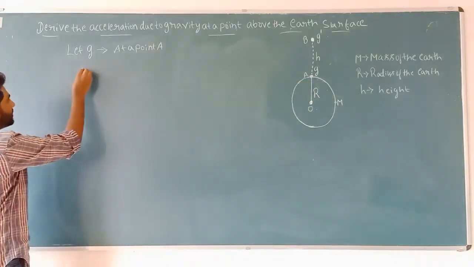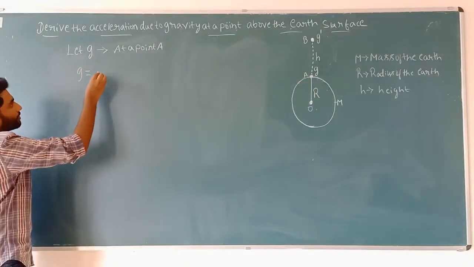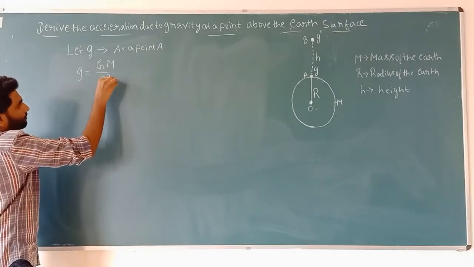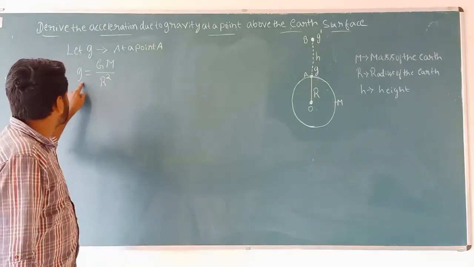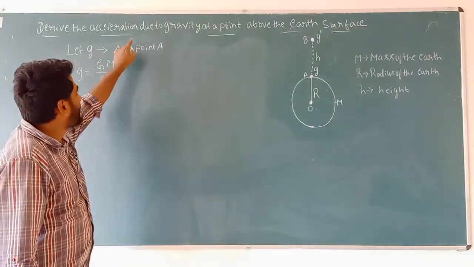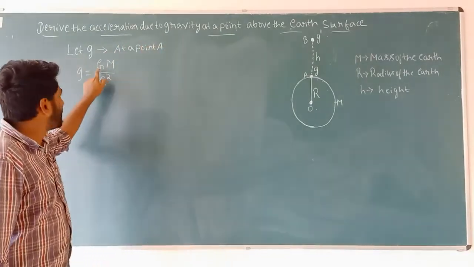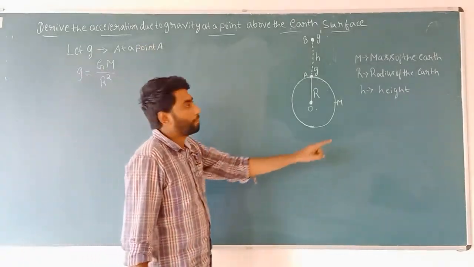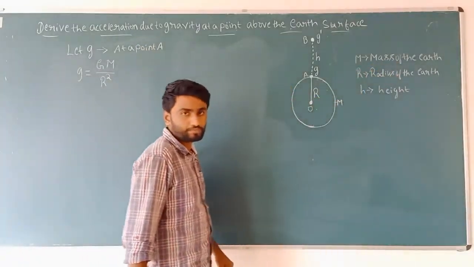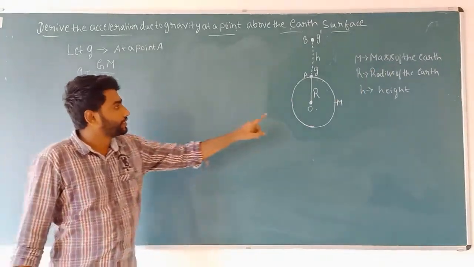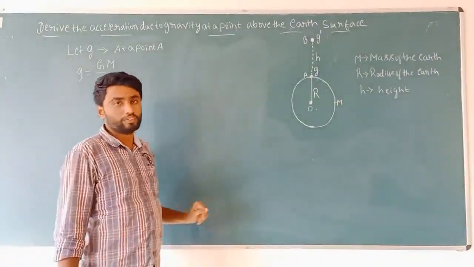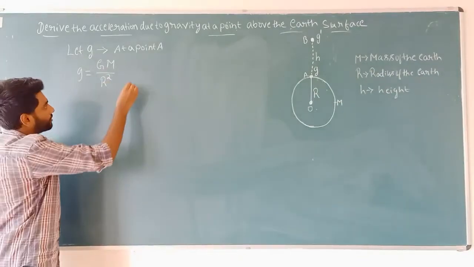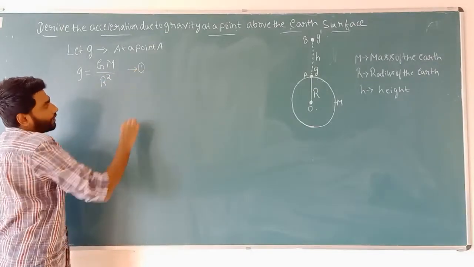So g equals capital G m by r square, where small g is the acceleration due to gravity, capital G is the gravitational constant, m is the mass of the earth, r is the radius of the earth. So g equals G m by r square. Consider this as equation 1.